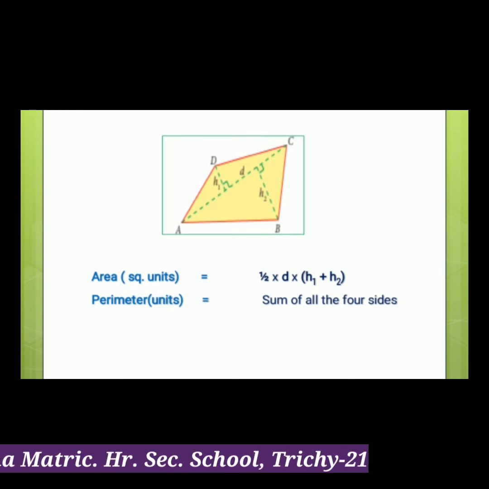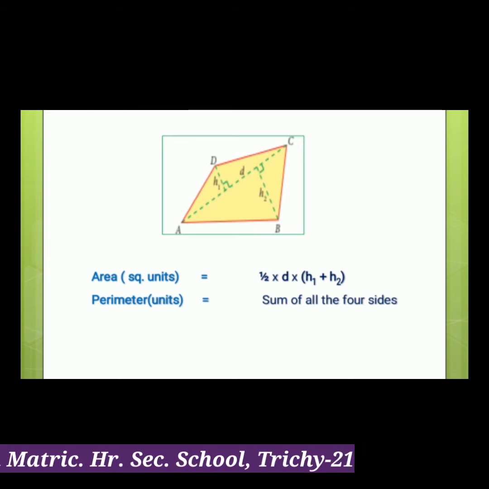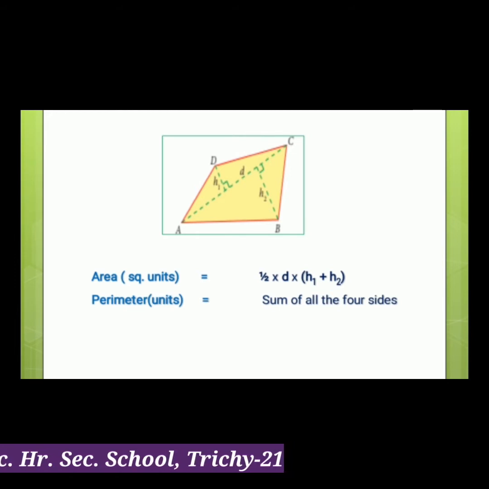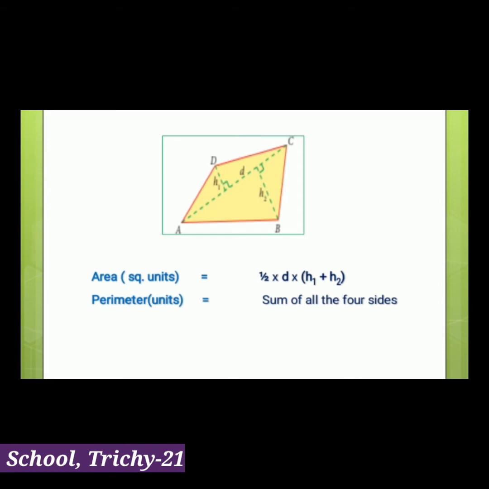Then area of the quadrilateral is equal to 1 by 2 multiplied by diagonal multiplied by sum of perpendicular heights square units, that is half into d into h1 plus h2 square units. Then perimeter of the quadrilateral is equal to sum of all the four sides units, that is AB plus BC plus CD plus DA.